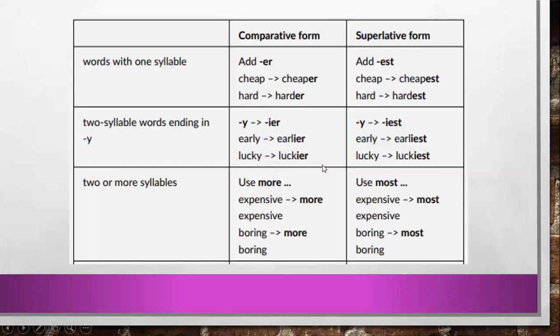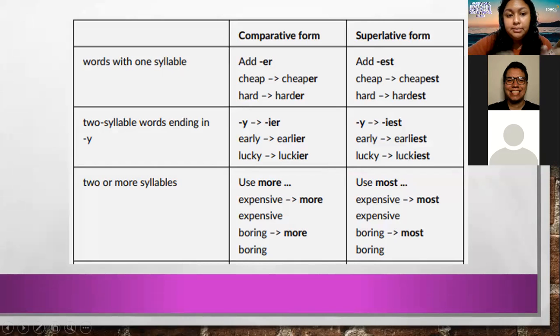All right. So we know that we need to add er to the comparative form when we want to compare two similar items, and we add er when it's only one syllable, like cheap and hard. Cheaper, harder. And when it's the superlative, when I have five, let's say, and I want to focus on one, then I say the cheapest and the hardest.